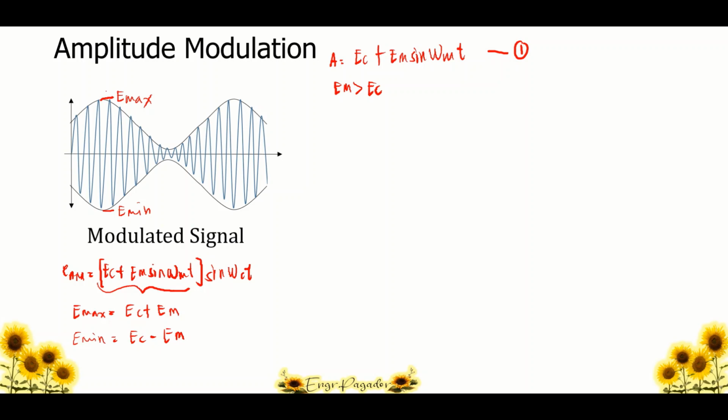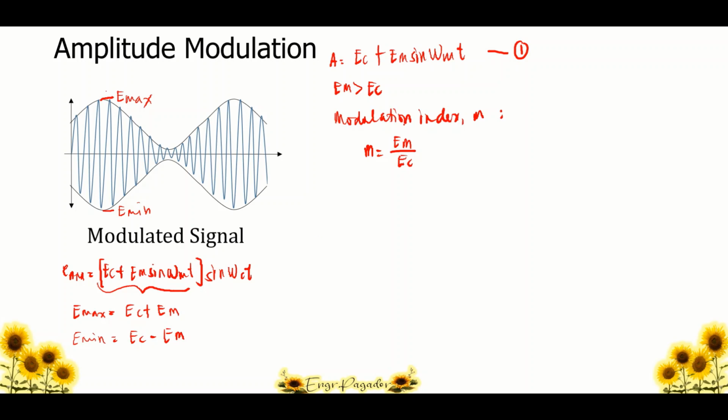So, this leads to the definition of the modulation index, which is represented by the letter M, and we will discuss modulation index further later on. The modulation index is equal to EM over EC. This is the definition of our modulation index.